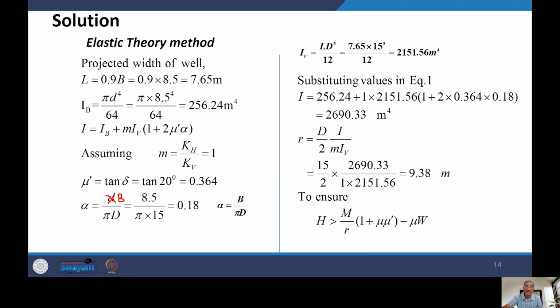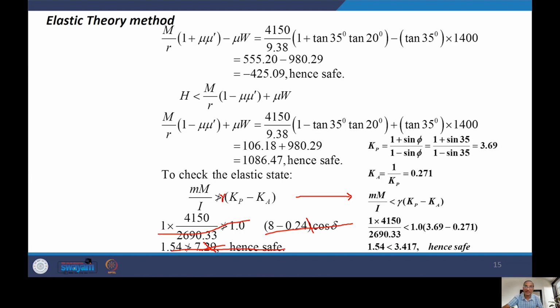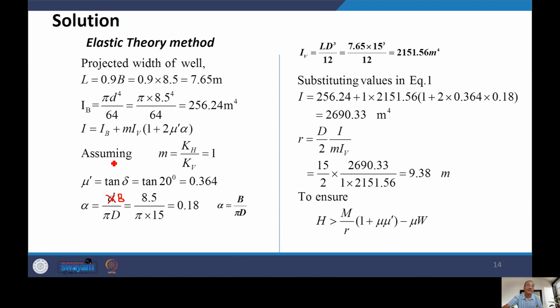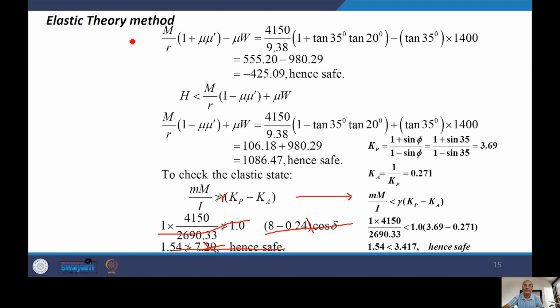Using this, once you put the numbers, on the right hand side, M by R (1 plus mu), you see, once you put all the numbers, mu prime is tan 20 degree, while mu is tan 35 degree. Putting all these numbers in this equation, you get minus 425.09.